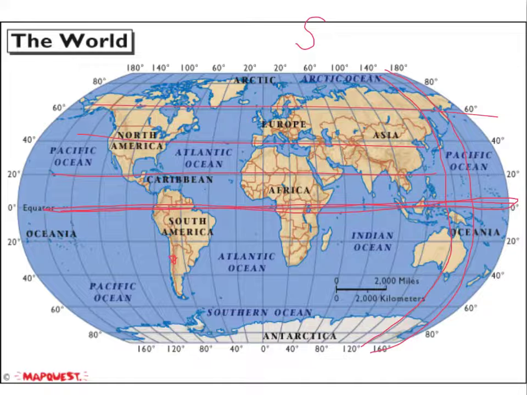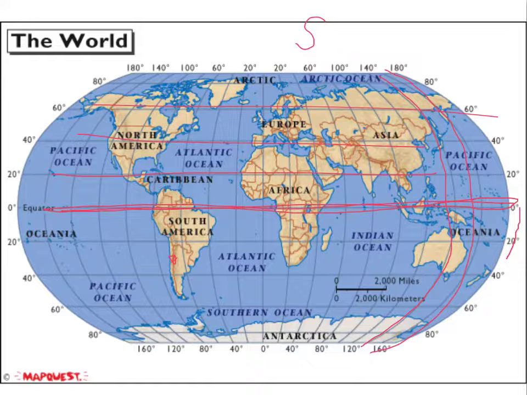Now there won't be lines of latitude for all 90 of the lines south of the equator written on the map. That would make the map way too cluttered. So we're going to have to estimate. And so we go down on the side and see how far down we are. Down, down, down.